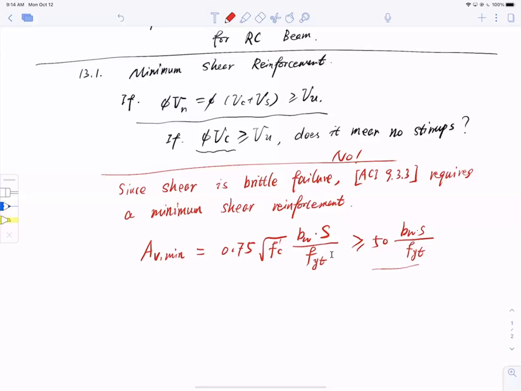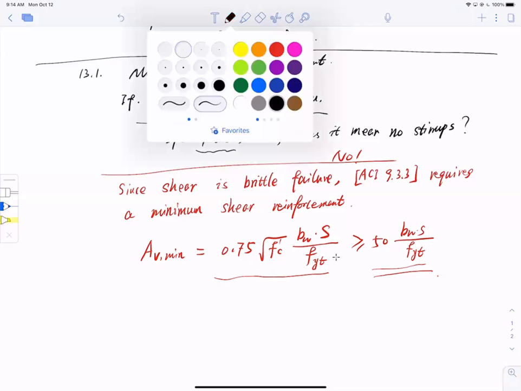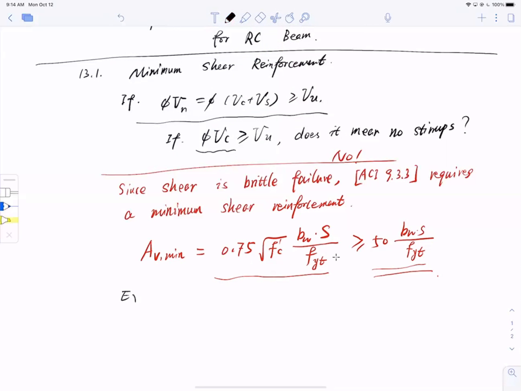Don't forget this. There are two lines. You take this value if it's bigger than the 50. If it's not, take the 50.